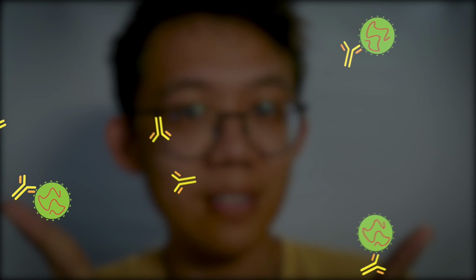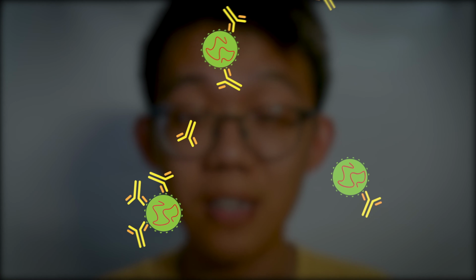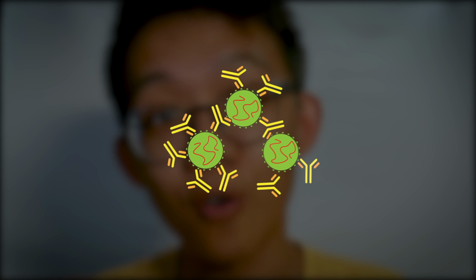Since there are two ends, if one end binds to the antigen found on, let's say, foreign body number 1, the second end is available to bind onto the antigen found on foreign body number 2. So thanks to one antibody itself, it can attach itself to two separate foreign bodies. And with that, it may result in the clumping of foreign bodies.